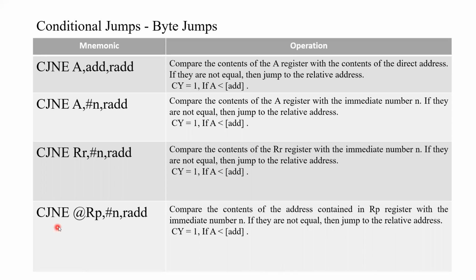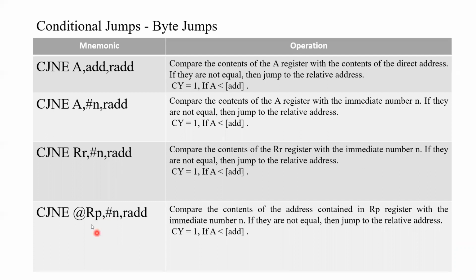Next, we have CJNE @Rp comma hash N. Now, what it does here, it will compare the contents of the memory location which is pointed by Rp register. Whatever the content you have in Rp will act as a memory location.